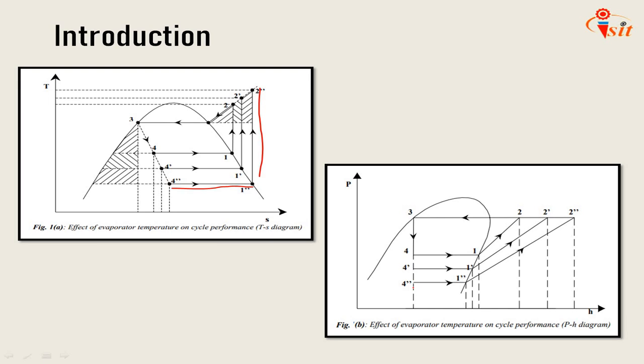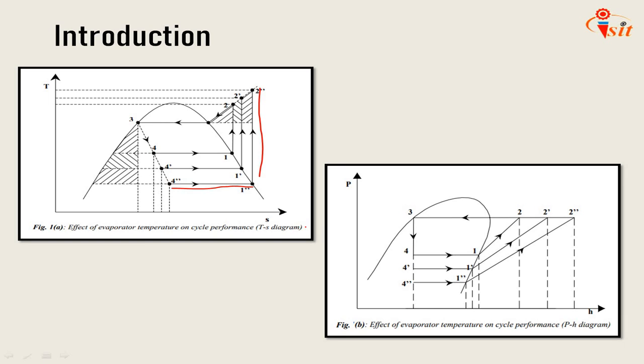Similar effects will occur, though not in the same proportion, when the condenser temperature increases for a given evaporator temperature. Due to these drawbacks, single-stage systems are not recommended when the evaporator temperature becomes very low or when the condenser temperature becomes high. In such cases, multi-stage systems are used in practice.